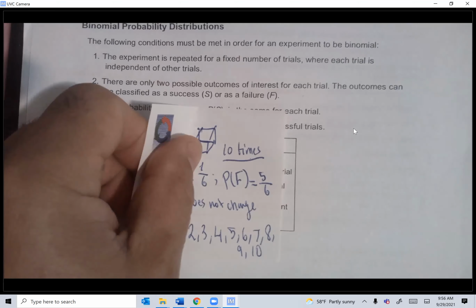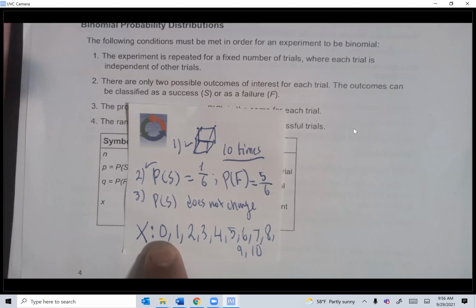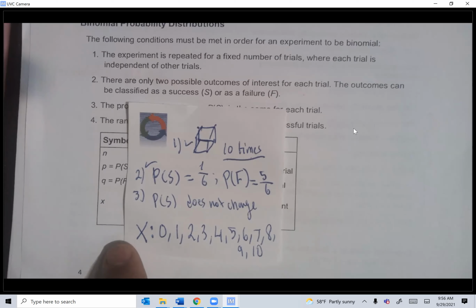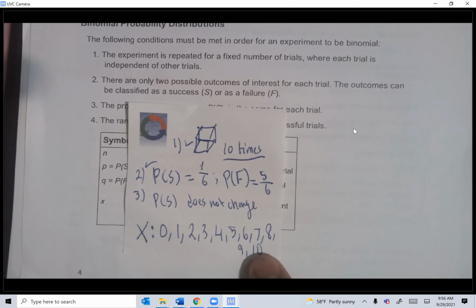Since we have 10 trials here, X could be as low as 0 and as high as 10. The probability that you will not see a 6 at all is very low, you probably get a 6 while doing it. And the probability that you get a 6 10 times is going to be very, very low, but it is possible.